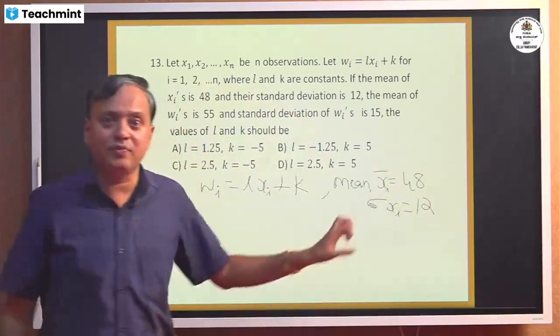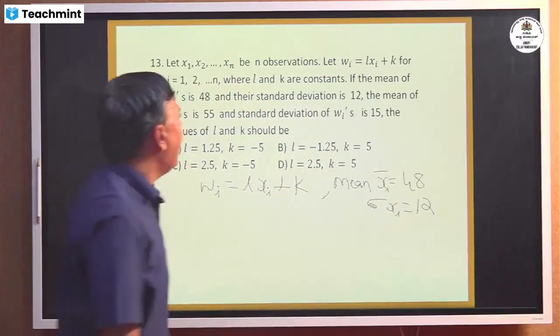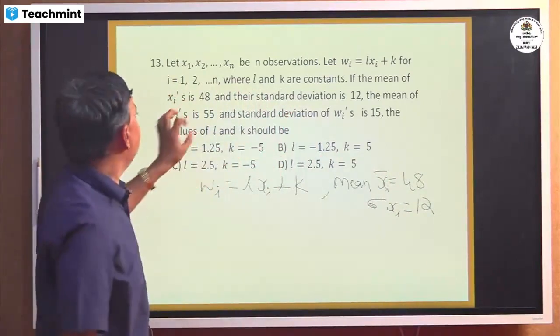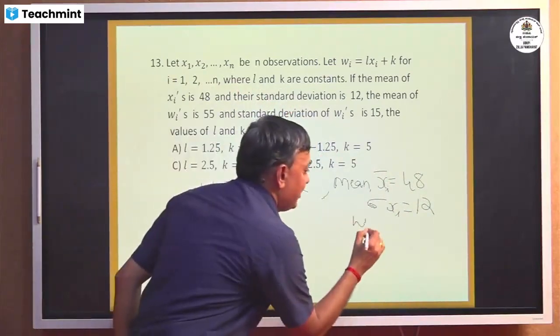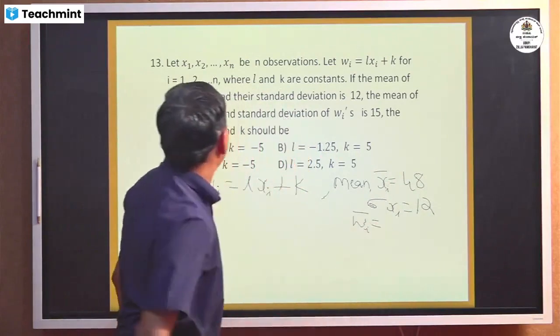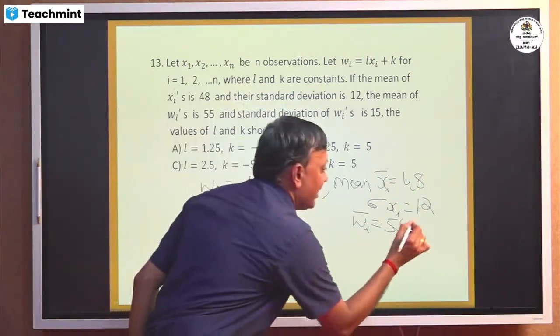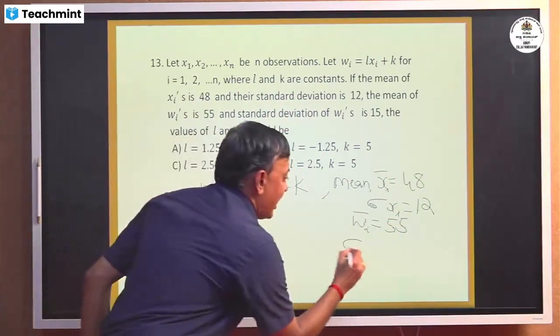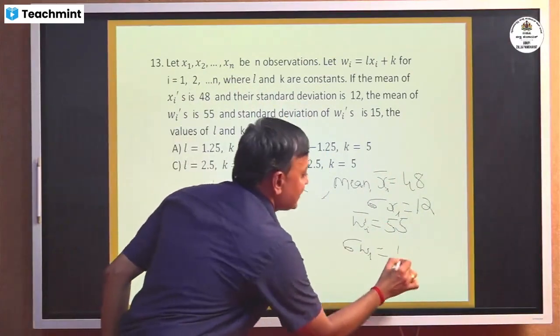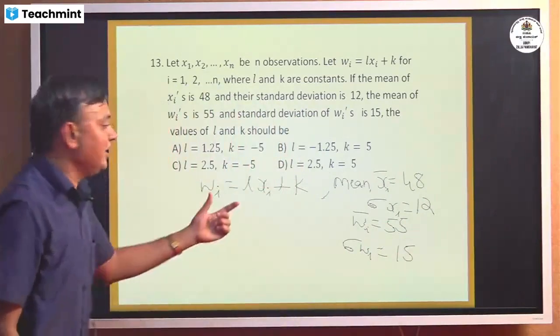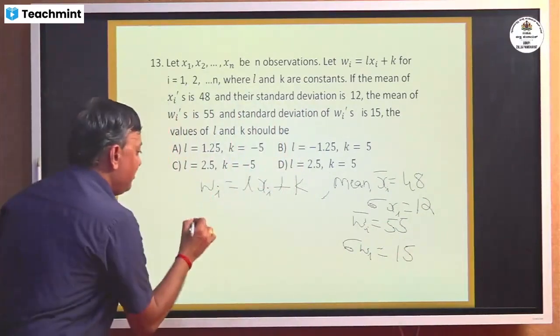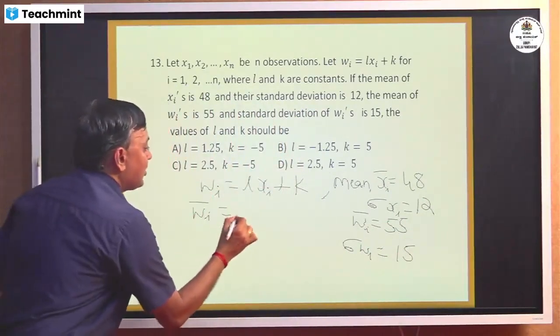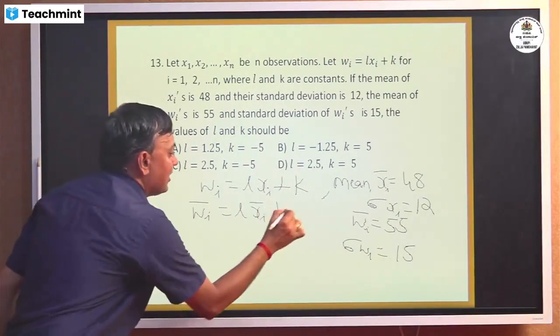So what is given? First write them. And the mean of wi is 55 and the standard deviation of wi is 15.